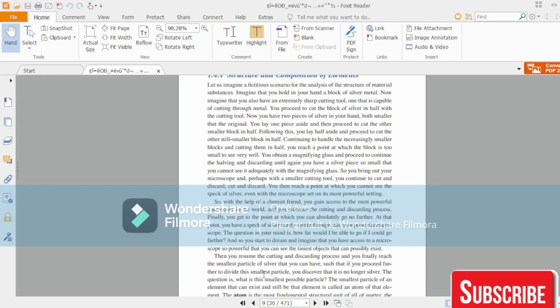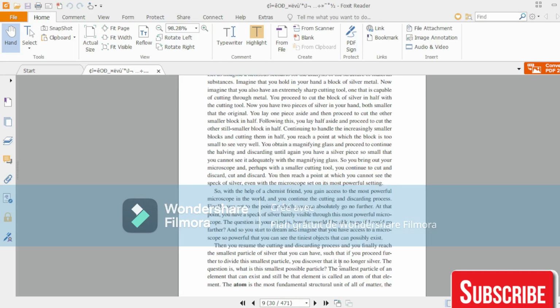Then you resume the cutting and discarding process, and you finally reach the smallest particle of silver that you can have, such that if you proceed further to divide the smallest particle, you discover that it is no longer silver.